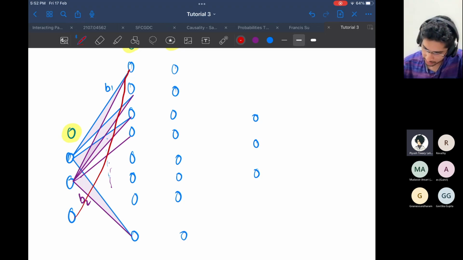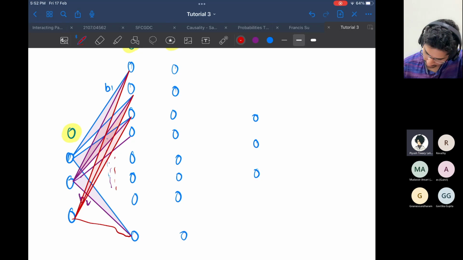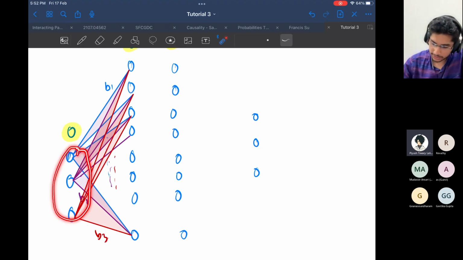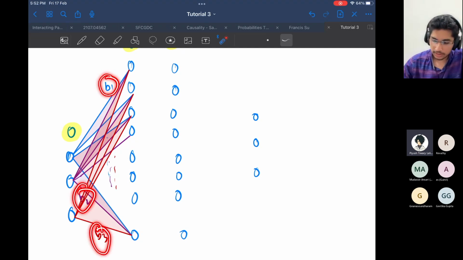The third neuron will again have similar connections, something like this, till the last one, which is this one. It will have another bias term, let's say B3. So I hope you can see that if you have three neurons here, you have three bias terms B1, B2, and B3.